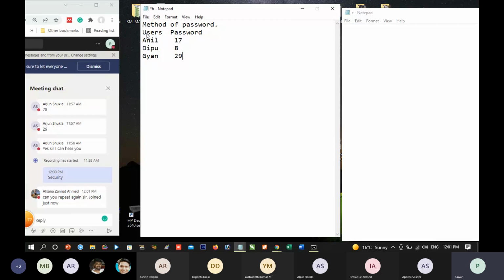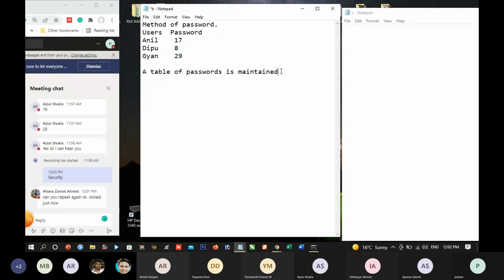So at the time of login or in case of files, once he types the correct password, then he is permitted the entry. Otherwise, he is not permitted the entry. Is it all right? So a table of passwords is maintained.